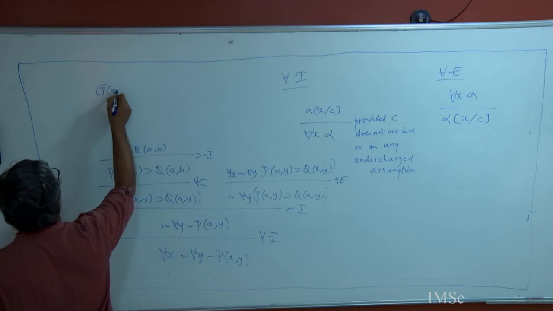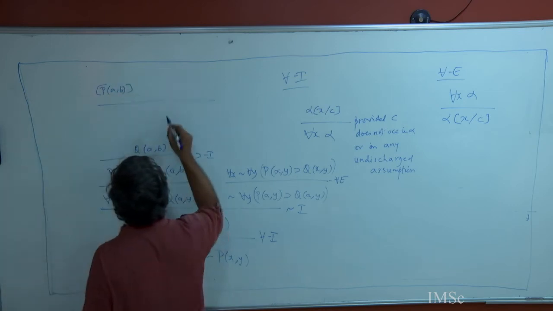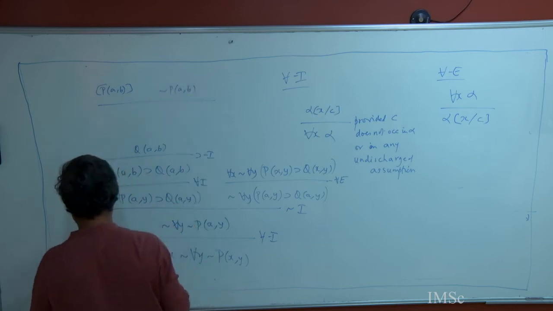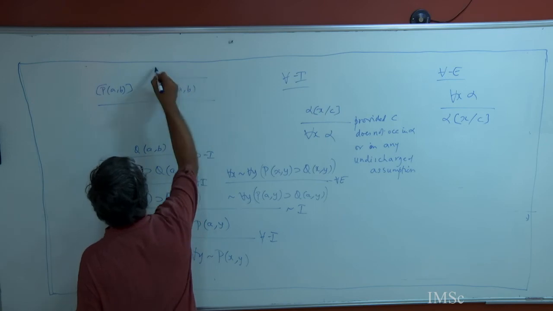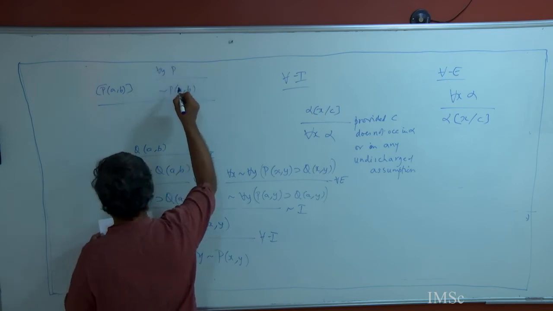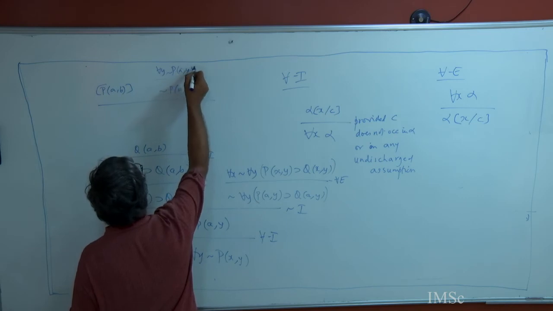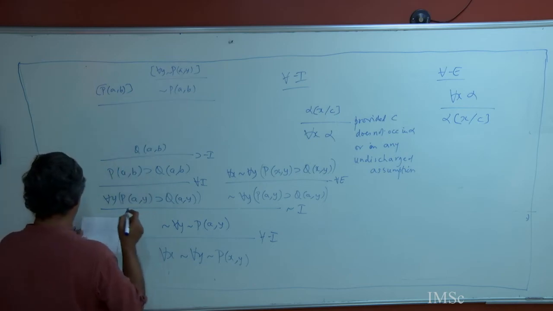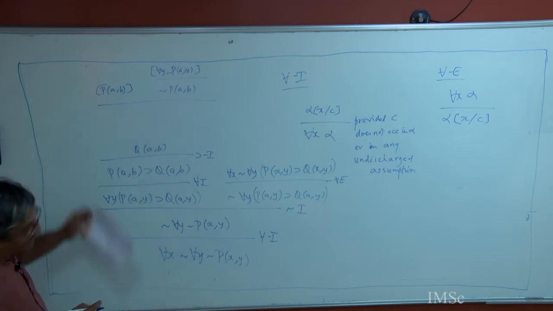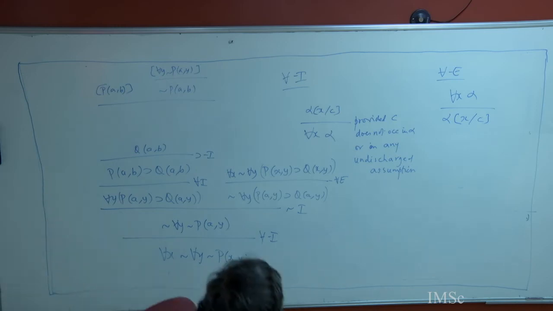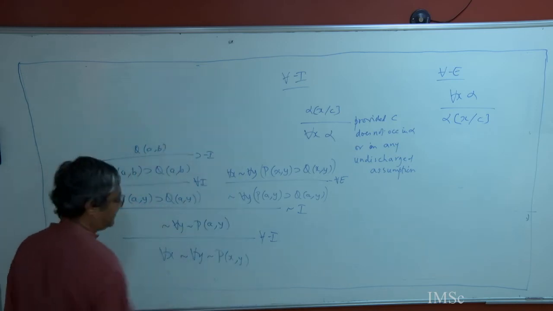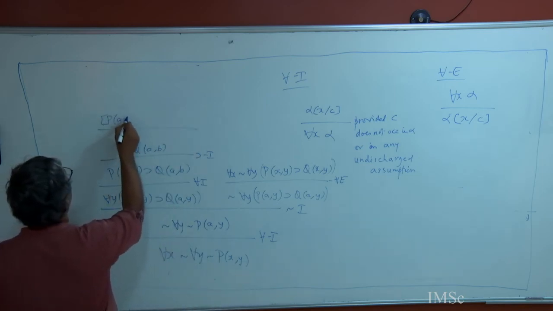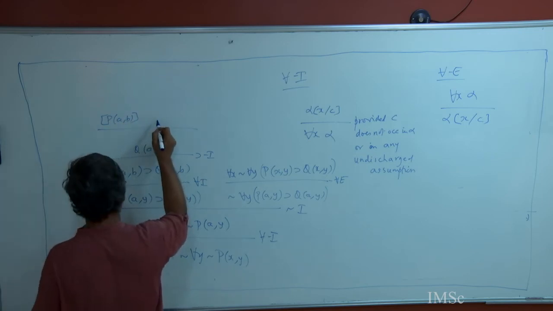What I'll do, I'll get a not P A B, for which I can do an assumption for all y not P A Y, from which I can get Q A B. Oh, I didn't have to climb so much. Sorry about that. I can bring it down right here.